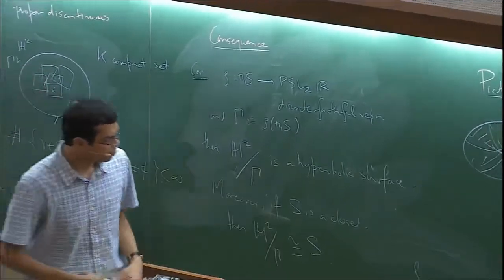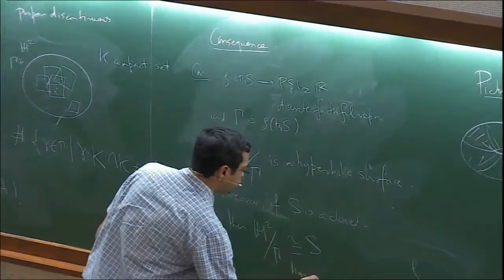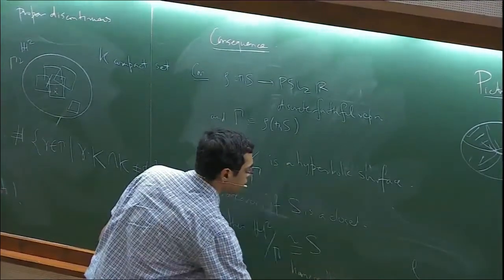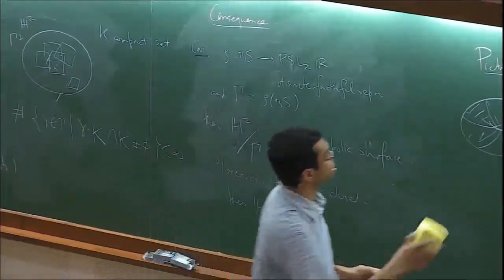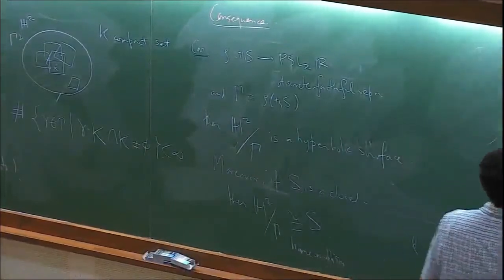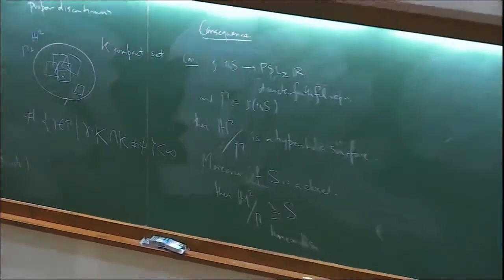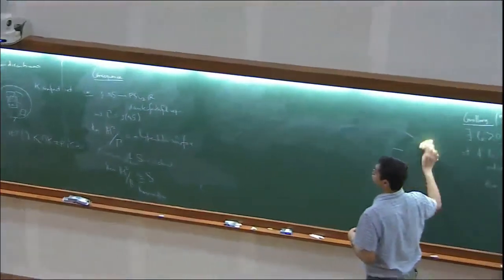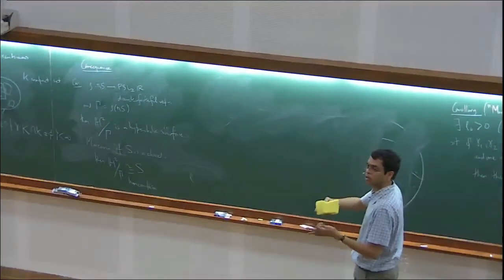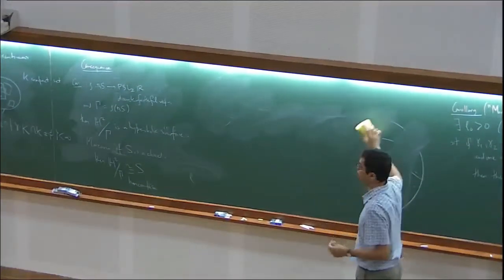So you know what surface you get if you start with a closed surface. If it's not closed, then it depends. It's always a free group, but you don't know whether the genus contributes to the generators or the boundary.